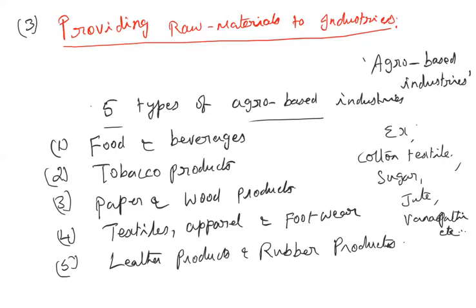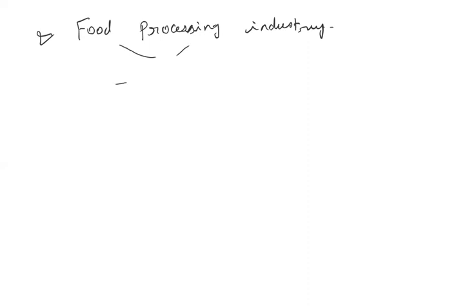And also there is something called the food processing industry, which is very vital, one of the main industries in our country. Now, what is the food processing industry? This is like a farm utility.